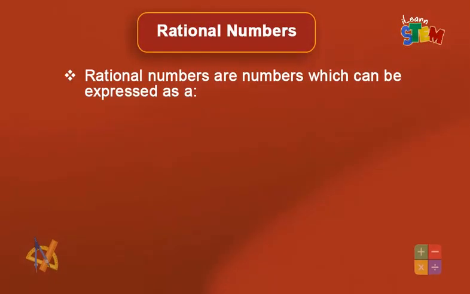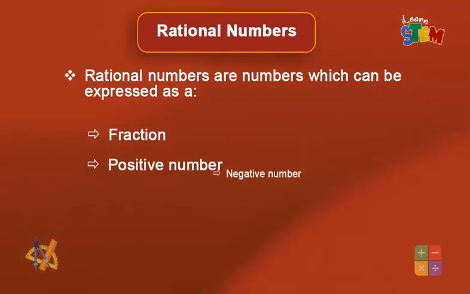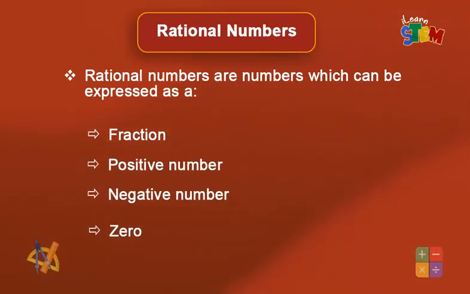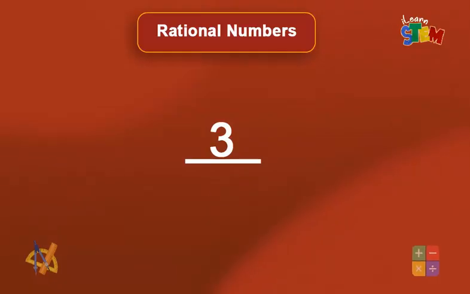Rational numbers are numbers which can be expressed as a fraction, and also as a positive number, negative number, and 0. For example, 3/2 is a rational number because 3, which is an integer, is divided by 2, which is another integer.